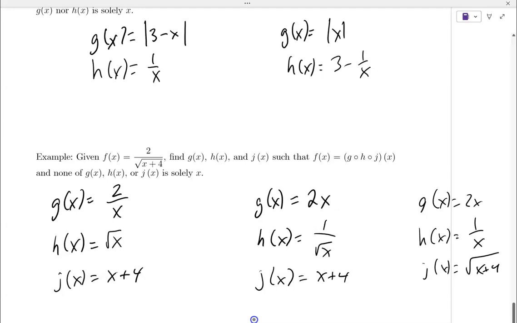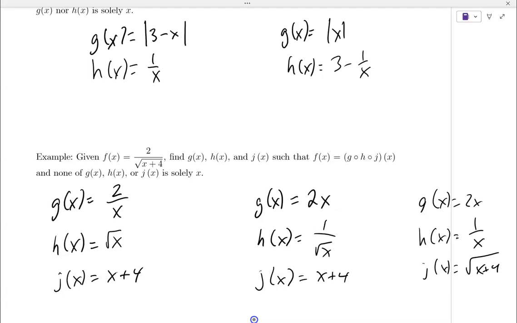Again, somewhere I have to have a reciprocal in there to make that square root of x plus 4 piece be on the bottom. In the first example, the reciprocal was done as the outside function, so then the next inside function needs to be the square root, because I need to put the square root on the bottom, right? If I don't make my reciprocal on the outside, then I've got to do it on the inside.